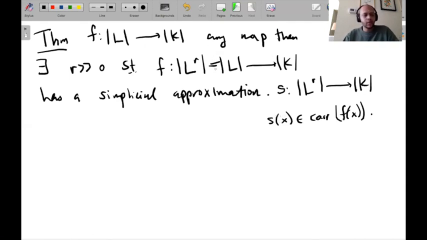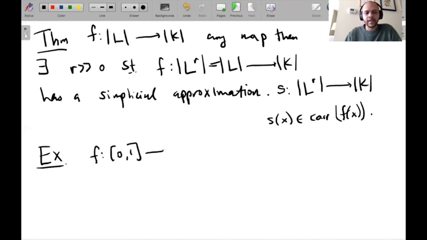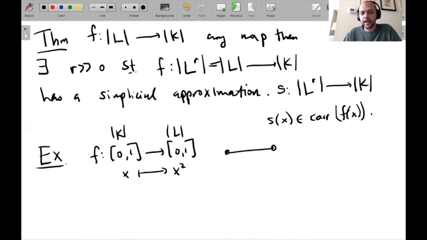Right, and so for example, last time we looked at a map f of x is x squared, where here you view K, the interval, as the geometric realization of K and L, where K and L are these two simplicial complexes.